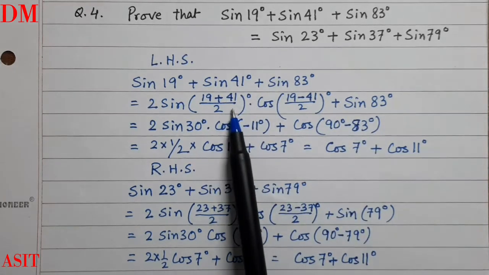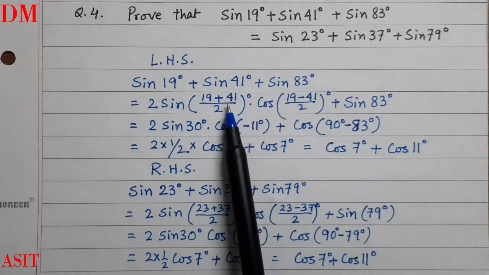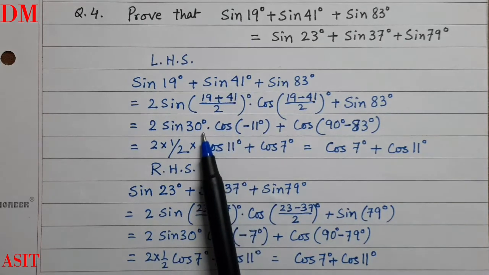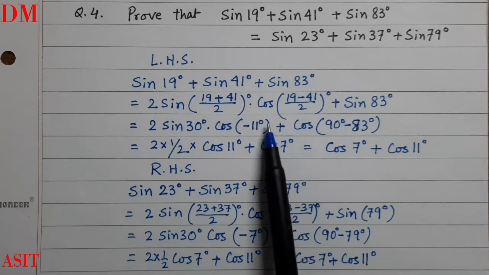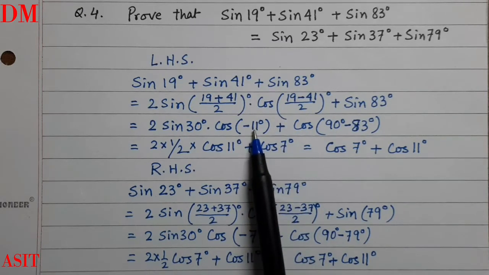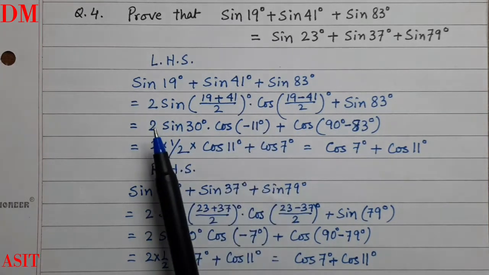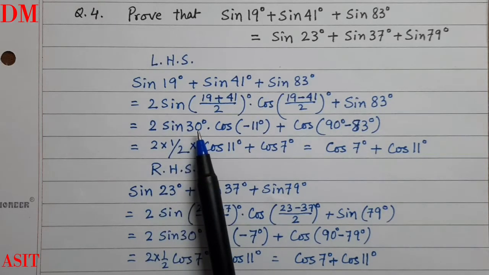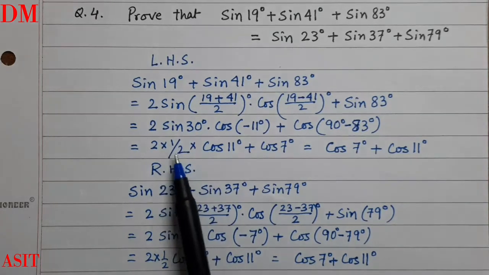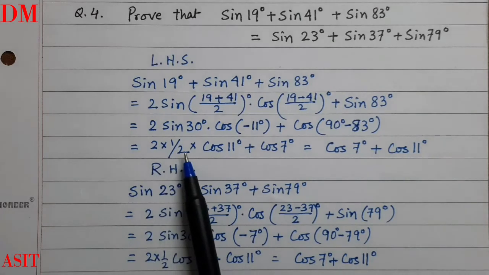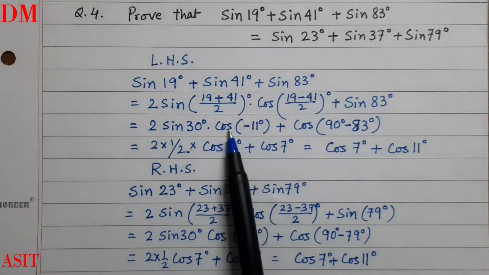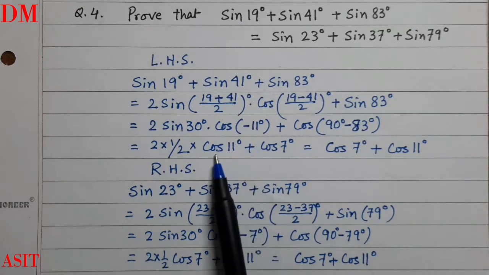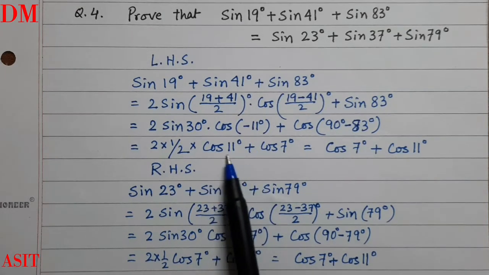Now if we simplify this, it will be 60 degree by 2, that is 30 degree, and minus 22 degree by 2, that is minus 11 degree. Now sine 30 degree value is 1 by 2, so we can write 2 into 1 by 2 into cos minus 11 degree. Now cos can absorb minus, so it will be only cos 11 degree.